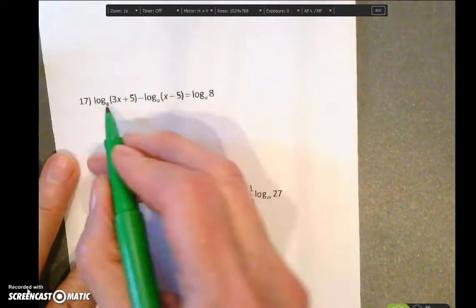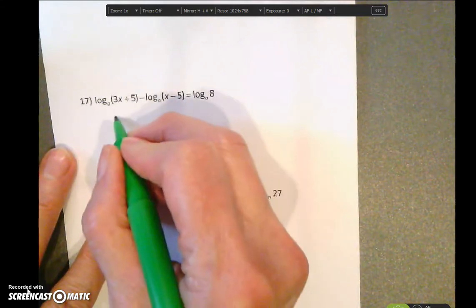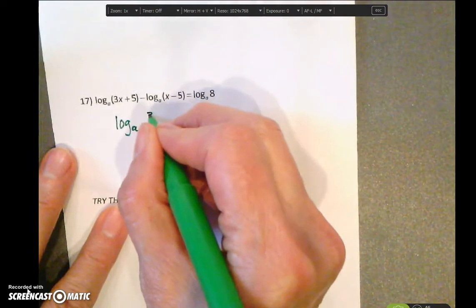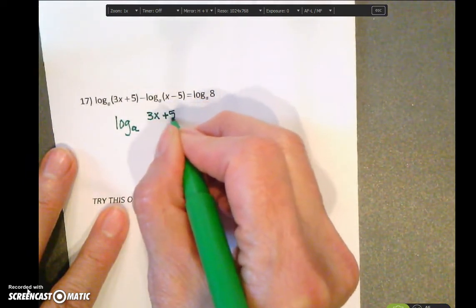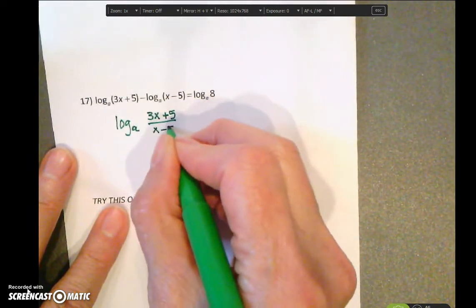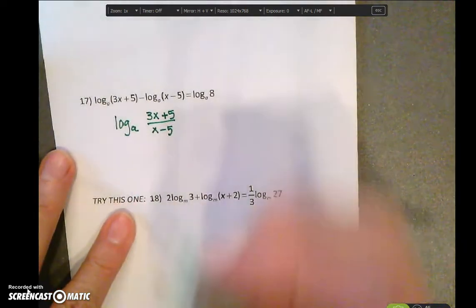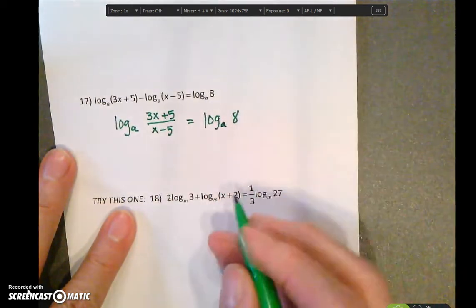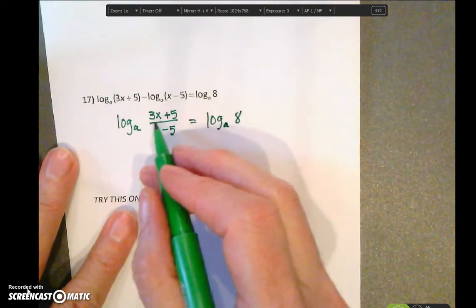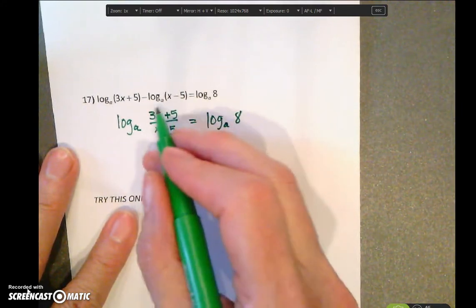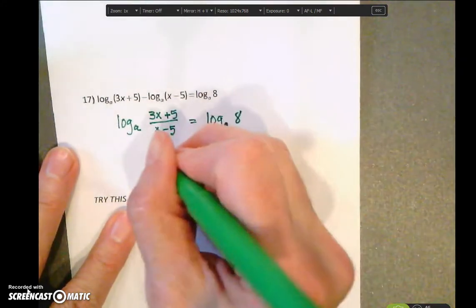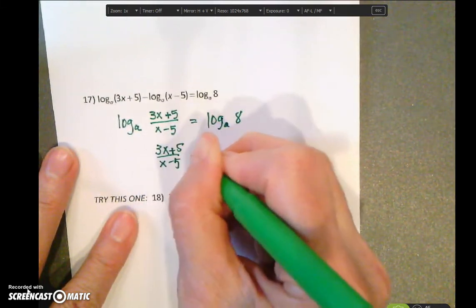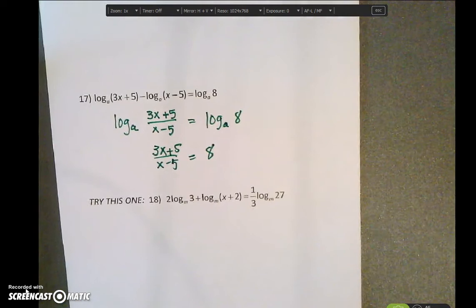So again, I want to combine my 2 logs together. So I have log base a, and because it's subtraction, I'm going to have a fraction when I combine it. So 3x plus 5 over x minus 5 equals the log base a of 8. So now I have a log equal to a log, so I can take my insides and set them equal to each other. So 3x plus 5 over x minus 5 is equal to 8.